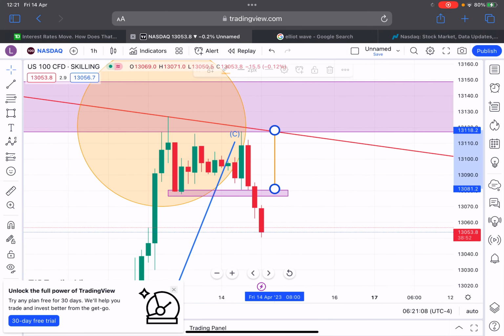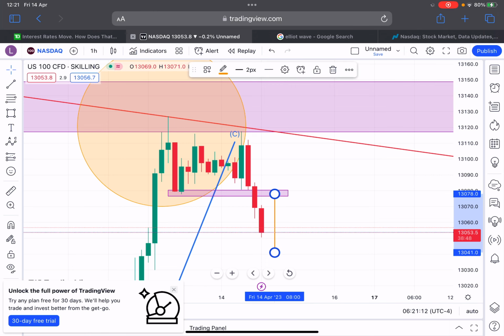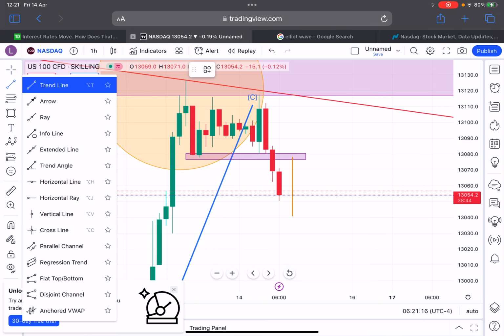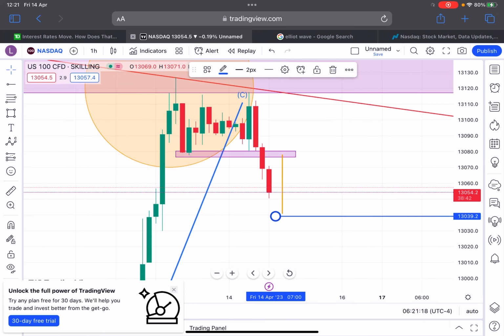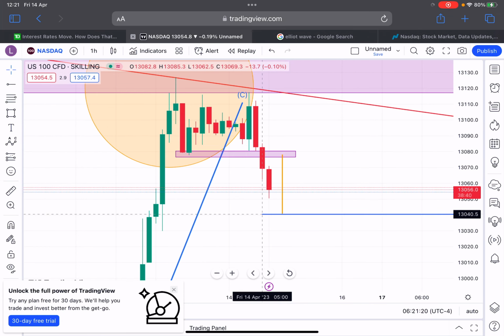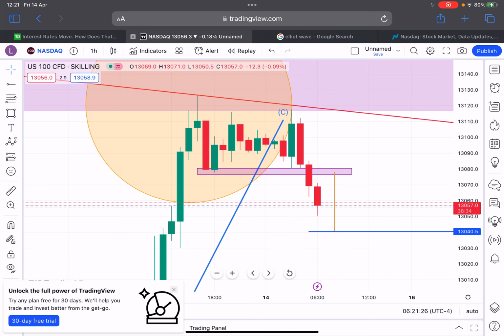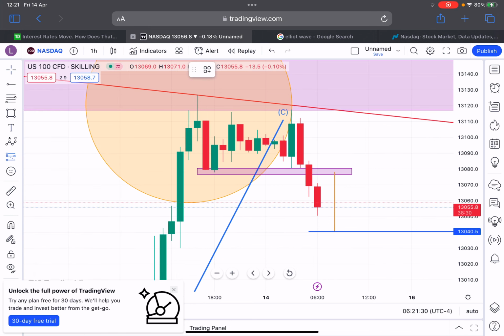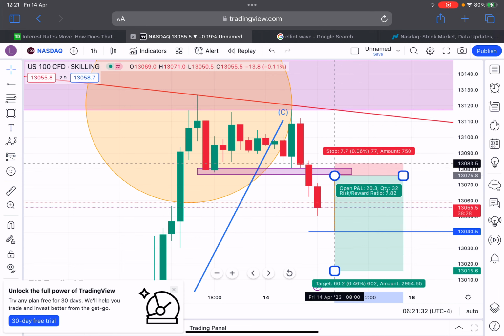If I take this distance from my mini support to my mini resistance, the Nasdaq is going down and up until it reaches this price. So I could be sending this signal into a VIP group for signals. So Nasdaq will be going down from there where it broke this mini support.